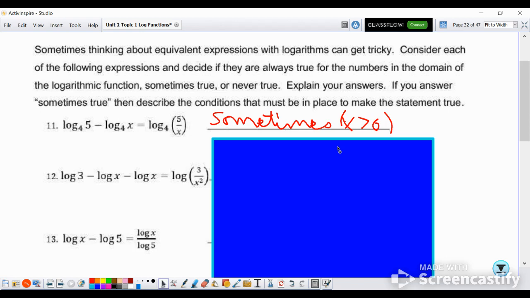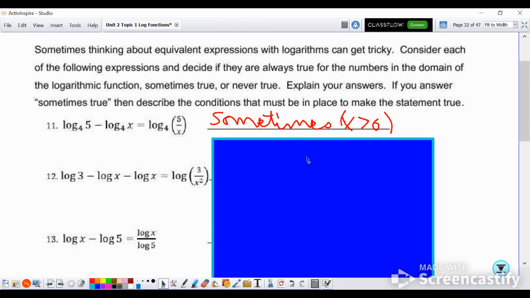And the only reason we're saying sometimes and not always is because remember, when we do the quotient rule, we cannot divide the argument by 0. The argument cannot be 0 and the argument cannot be divided by 0. So we're putting the answer sometimes to define the domain as having to be x larger than 0.